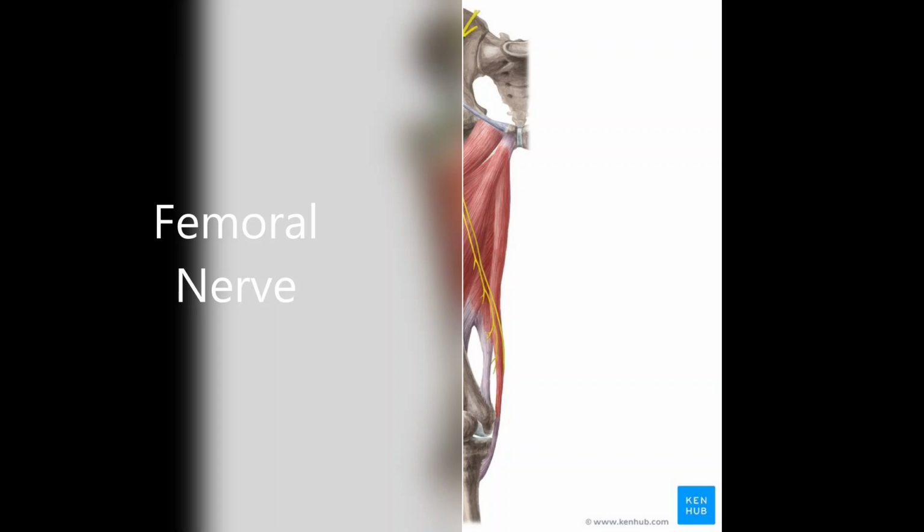This nerve supplies the medial hip joint, medial thigh, and medial heel. When considering the motor supply: iliacus, pectineus, vastus medialis, vastus lateralis, vastus intermedius, rectus femoris, and sartorius.